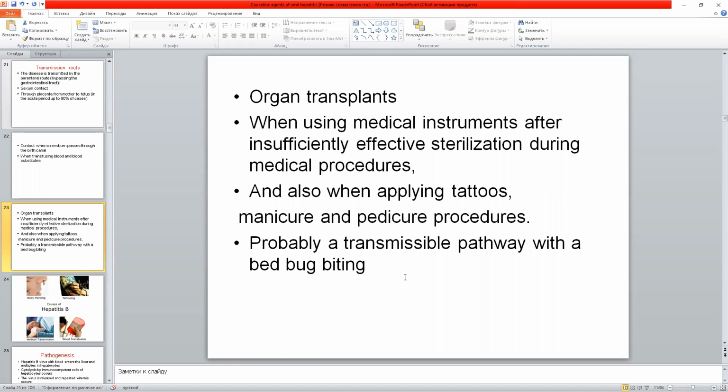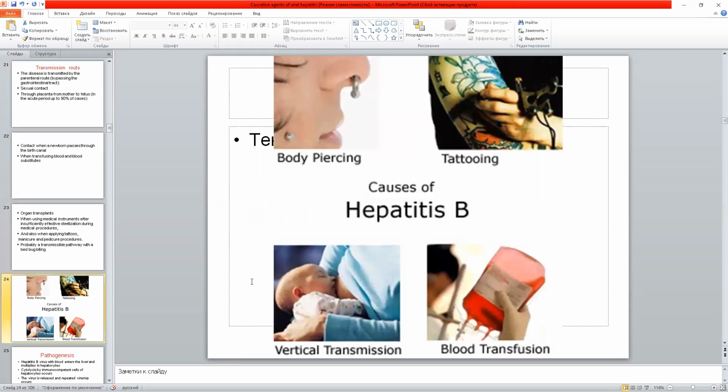And probably this virus is transmitted by the bites of bed bugs. Recently, this idea was developed, and maybe it is true, maybe it will finally be proved and confirmed, because bed bugs exist at certain places, and they bite patients, then they bite healthy people, and the infectious doses are very, very small. It's enough to infect people. So there is the picture: body piercing, tattooing, and shaving, and then vertical transmission and blood transfusion.